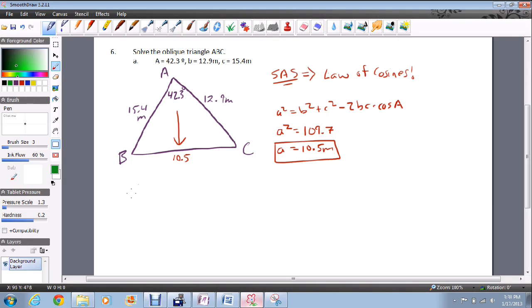Okay, bear with me. 12.9 divided by the sine of B equals 10.5 divided by the angle across from it, so the sine of 42.3.